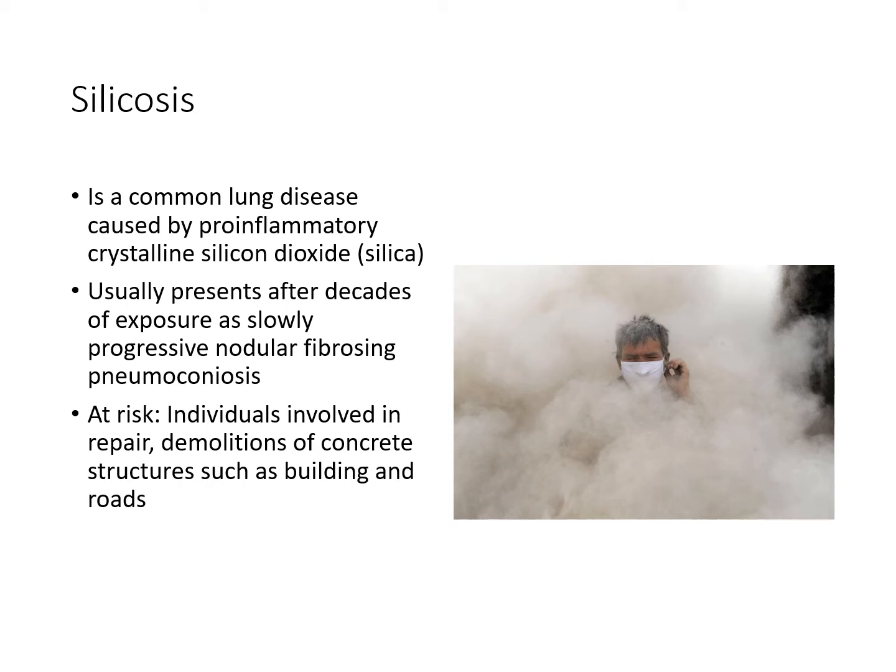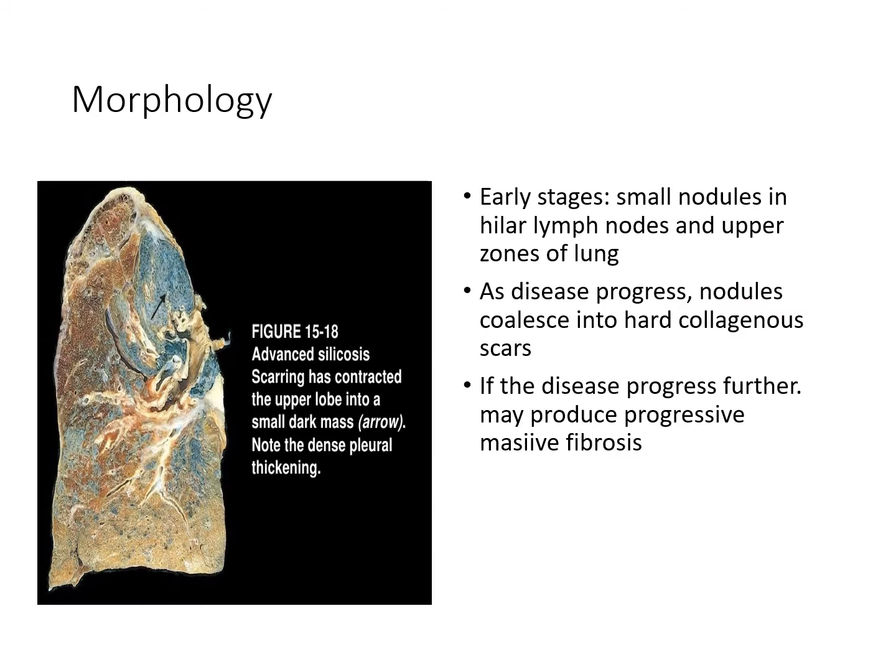This is the most common occupational disease in the world. Silica is very fibrogenic and primarily deposits in the upper lung. Silica activates the alveolar macrophages, which release cytokines that stimulate fibrosis.